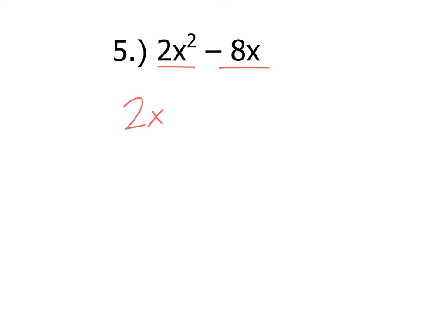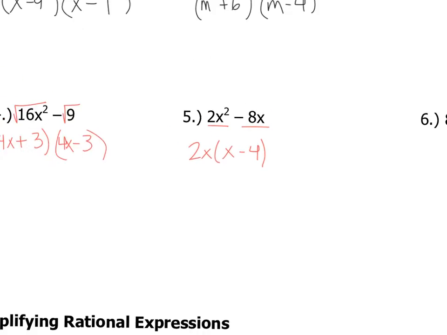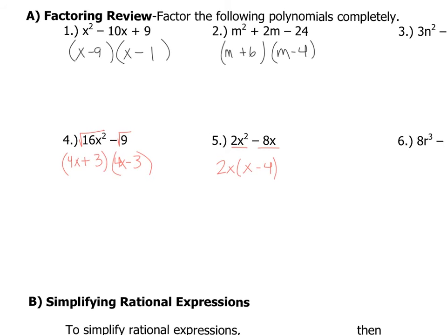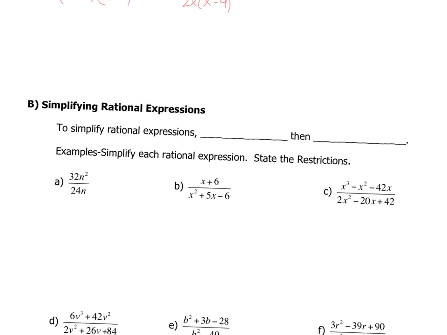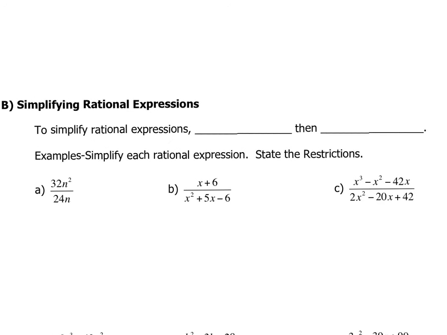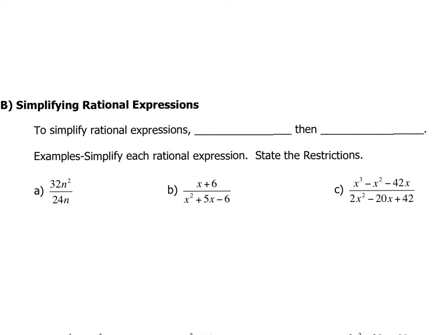We take out a 2 and an x, and you're left with just x minus 4. That's all you do. There's not really any factoring needed. So that's factoring. I wanted to review that because you're going to see it a lot in today's lesson. In order to simplify rational expressions, you want to check for factoring first.